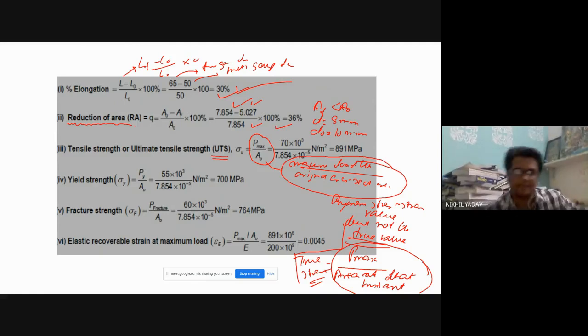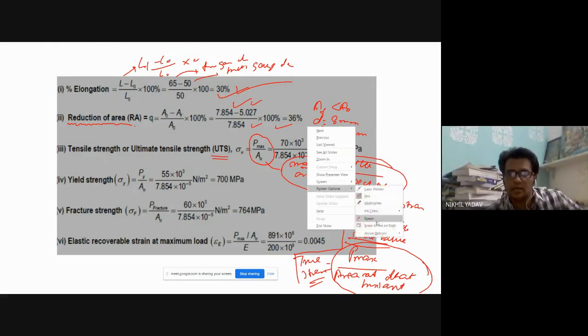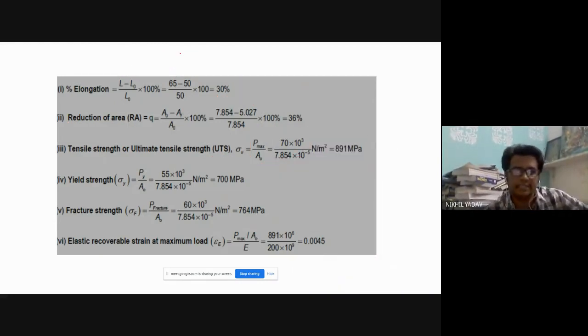Okay, done. Now next, I have to get my slide clear. Okay, fine. So now we see yield strength. I've told you that we have to find out the yield stress, meaning the stress that would be induced in it when the load at the yield point is divided by the original cross-sectional area.